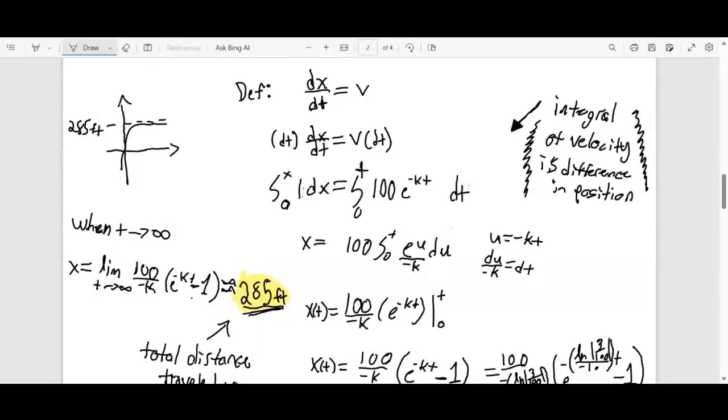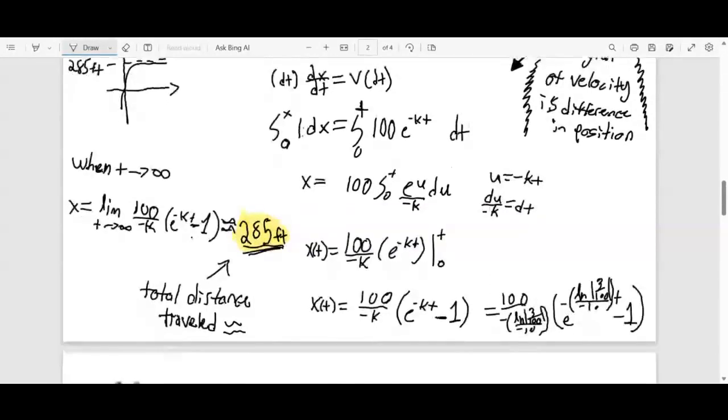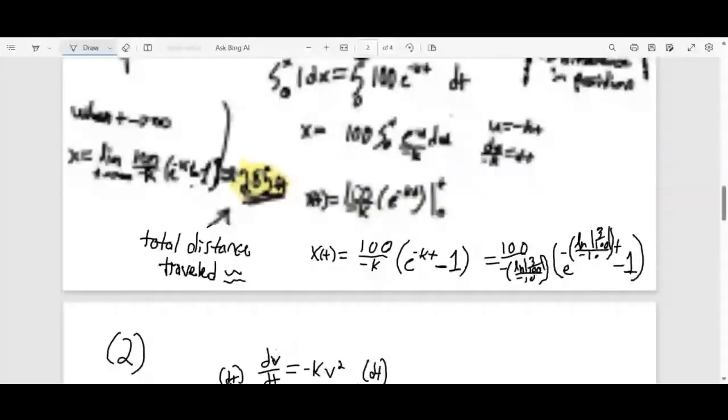There could be an oscillation, for instance, if we were talking about particles. You can't always say the total distance is from 0 to whatever. As you go on from 0 to 100, you have to take into account that it may oscillate. But the assumption we're making is that it's just going straight forward, not going back and forth at all. And so, yeah, that solves the first one.